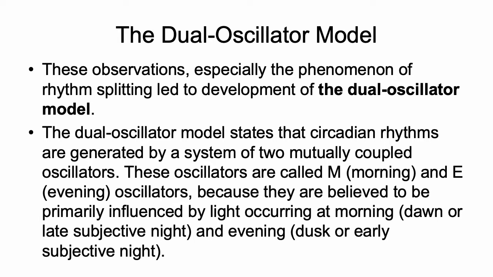Those oscillators are termed the M oscillator, which stands for morning, and the E oscillator, which stands for evening, because they're believed to be primarily influenced by light occurring in the morning, at dawn or late subjective night, like 4 in the morning, and evening or dusk or early subjective night, shortly after the sun has set.